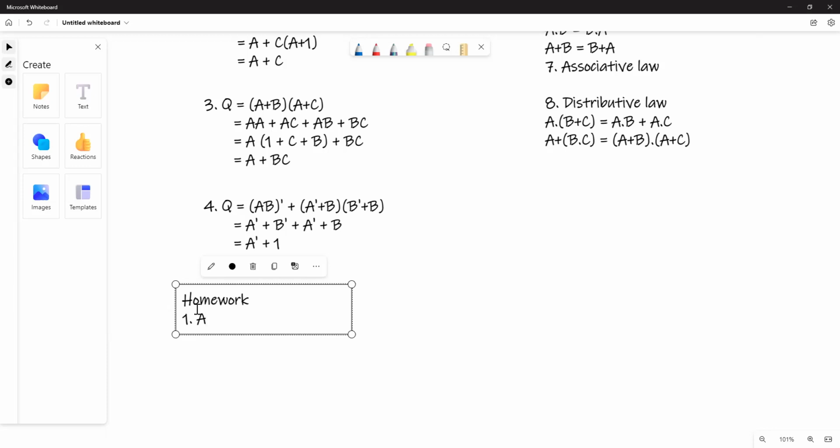I will just write without q, right? Just try to simplify this. This is the first one. Second one.